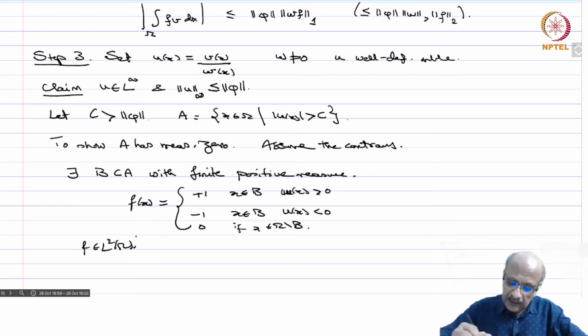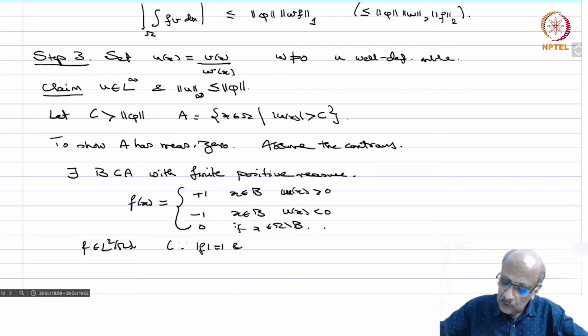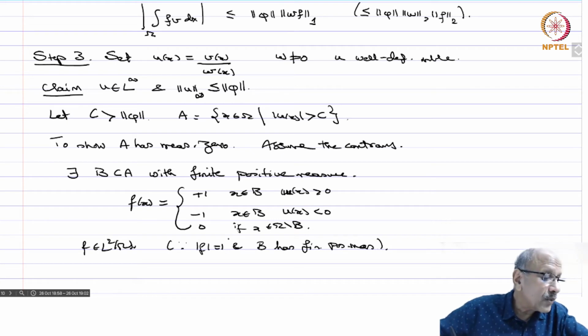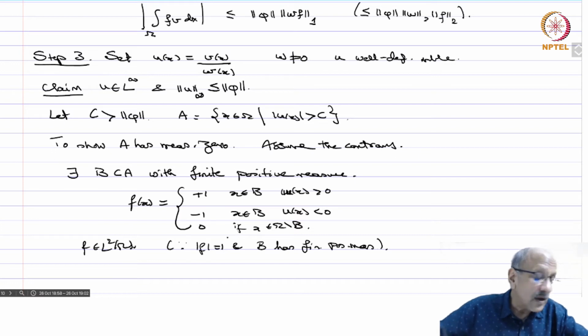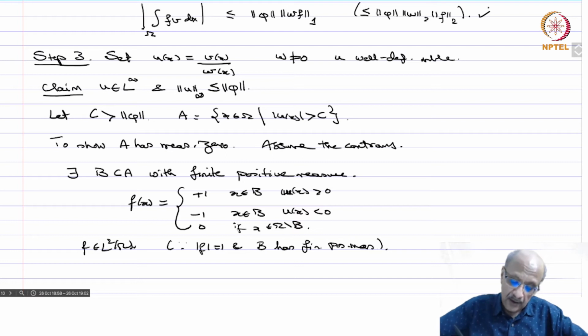B has finite measure, since mod f equals 1 on B and 0 on omega minus B, B has finite positive measure. So therefore f is in L2. So we can use this f in our previous inequality here. Okay, so what is V?